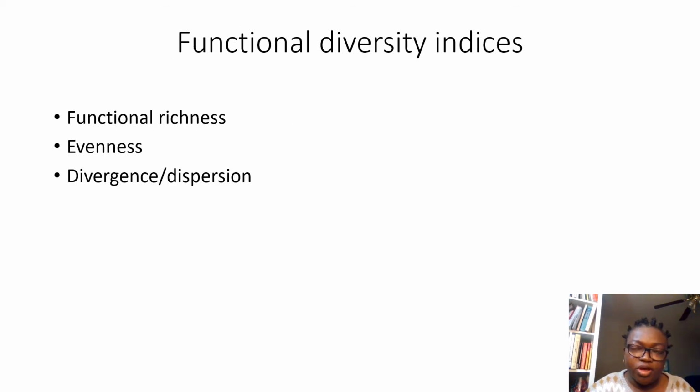Some of the more common functional diversity indices are functional richness, functional evenness, divergence, and dispersion. I'm not going to go into all of the detail for this. Try to find the definitions. I was going to provide a glossary of terms, but I decided to let you explore.